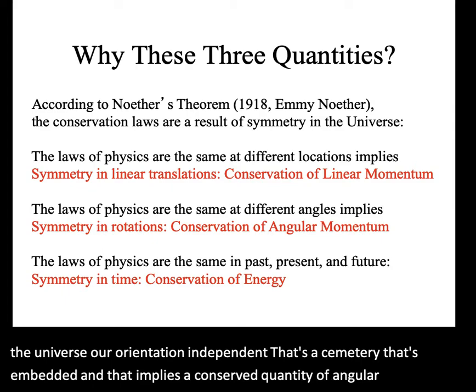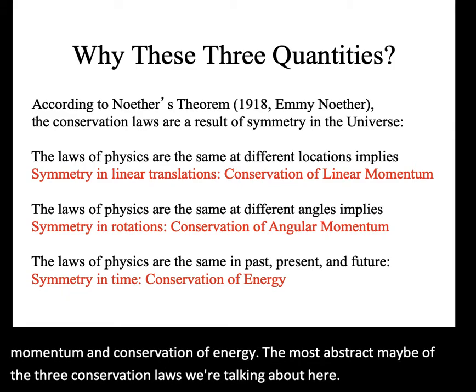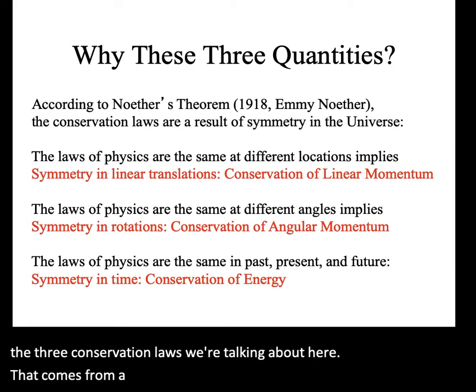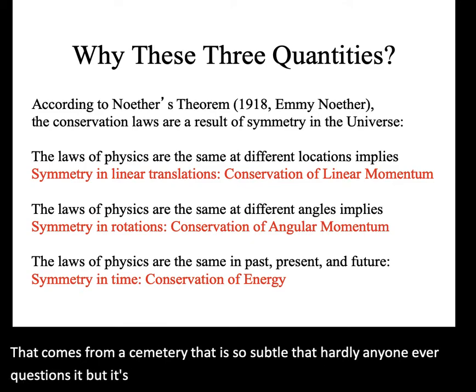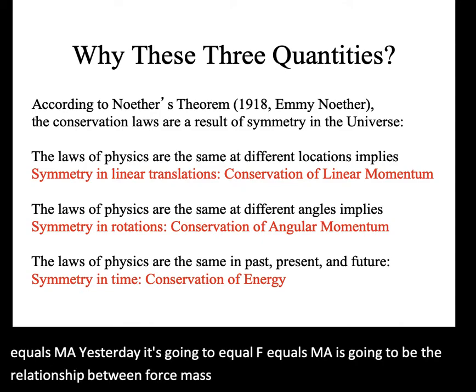And conservation of energy, the most abstract maybe of the three conservation laws we're talking about here, comes from a symmetry that is so subtle that hardly anyone ever questions it. But it's that the laws of physics aren't changing over time. F equals ma yesterday is going to be the relationship between force, mass, and acceleration tomorrow as it is today.